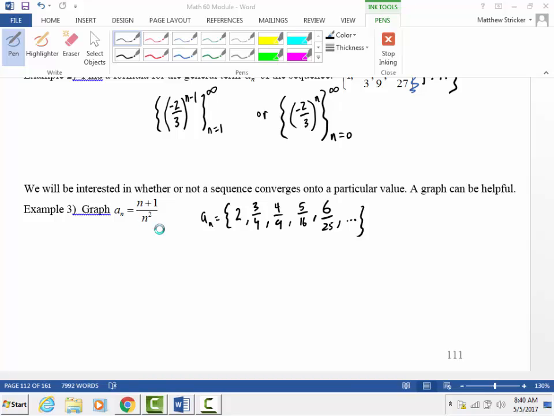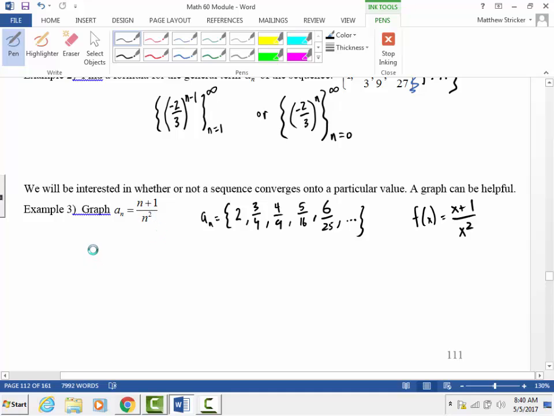If we had a function f of x equals x plus 1 over x squared, how many different values of x are there? There's an infinite number, and they could be decimals, they could be whole numbers. Whereas with a sequence, the n's have to be whole numbers, right? And they usually start at 0 or 1. They're not going to be negative values.